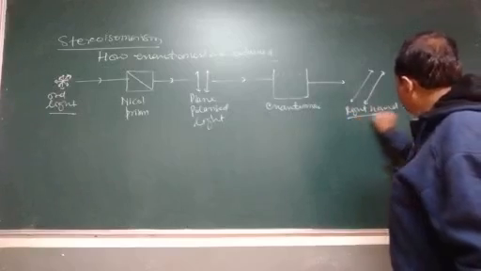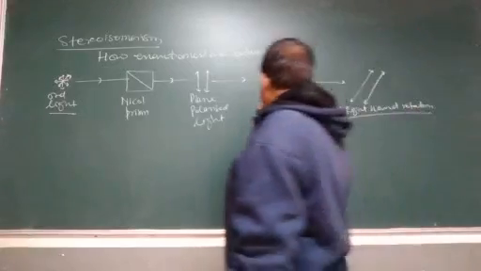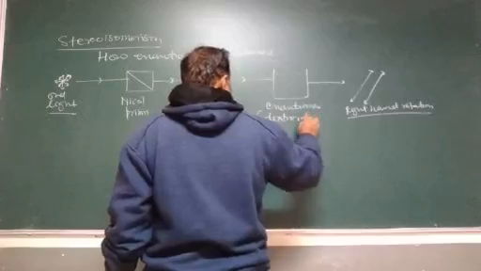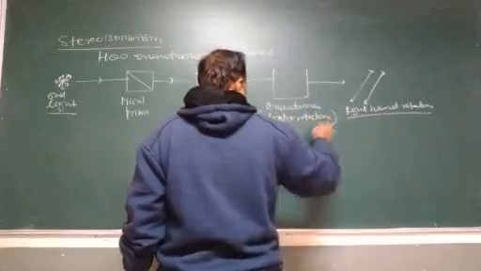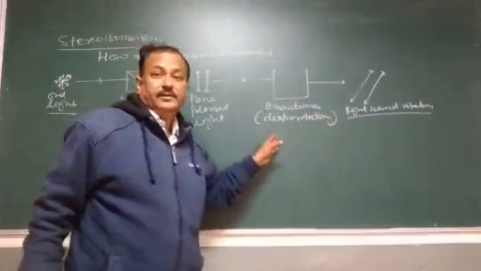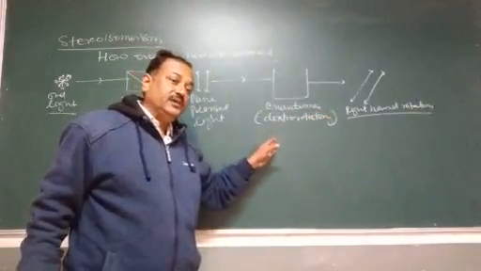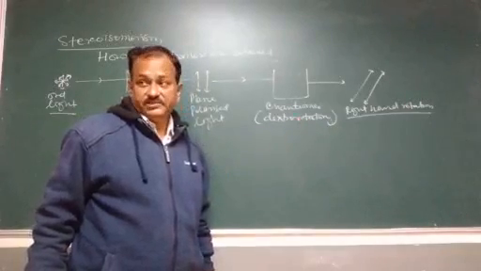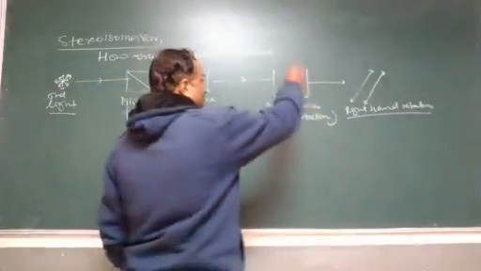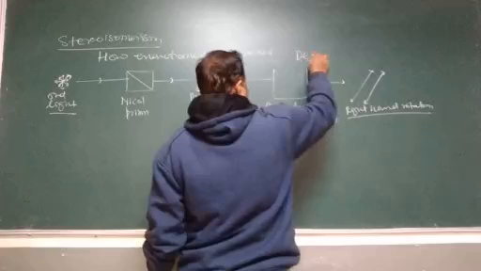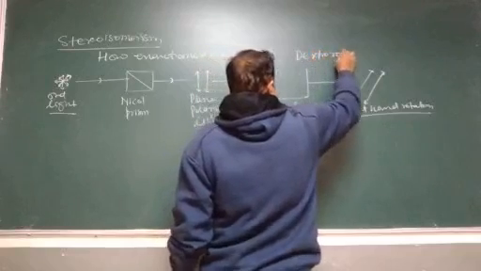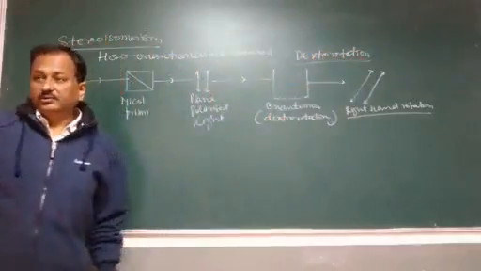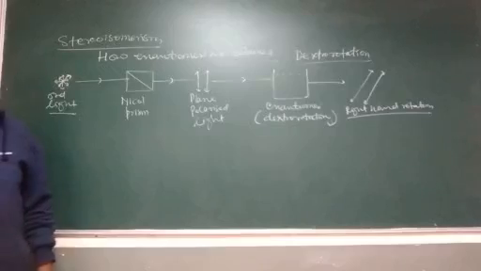Right hand rotation. So here the enantiomer will be dextrorotatory. Dextrorotatory rotates the plane polarized light toward the right side, and it is called dextrorotation.